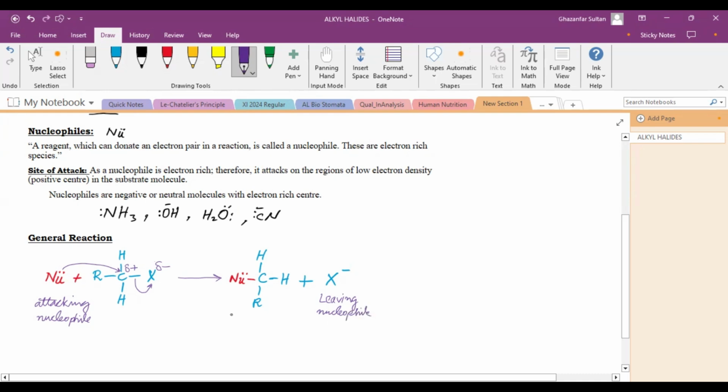And this is our substituted product. So it depends on whatever the nucleophile is.